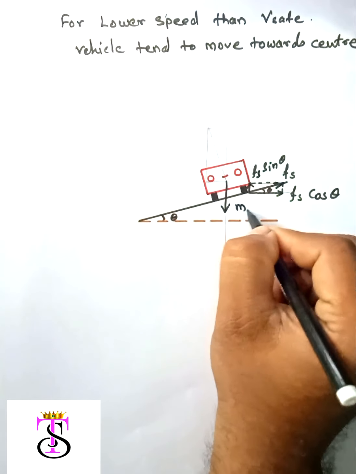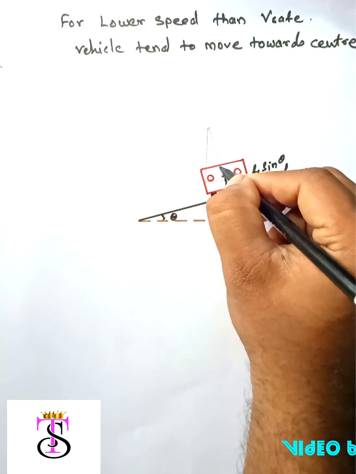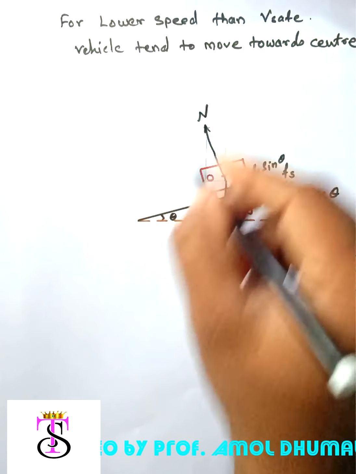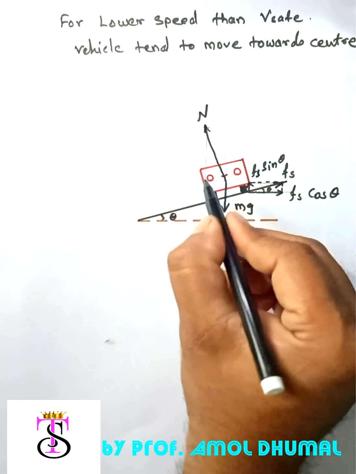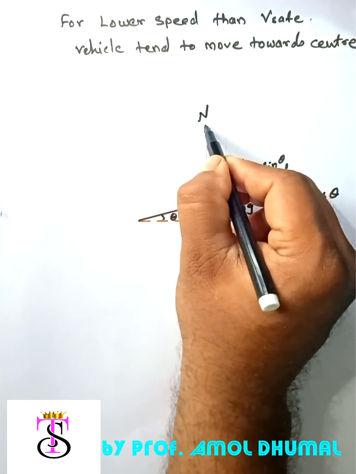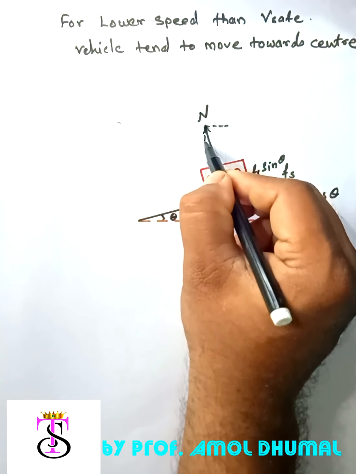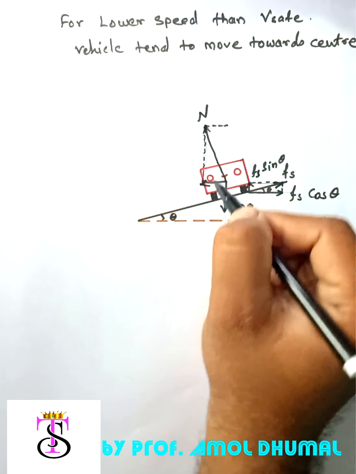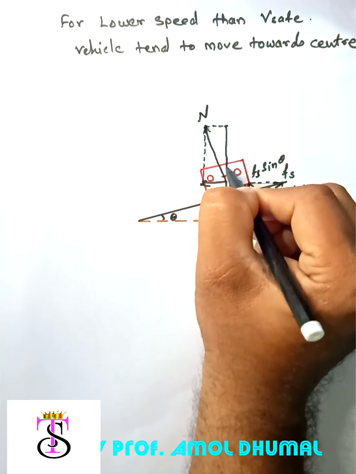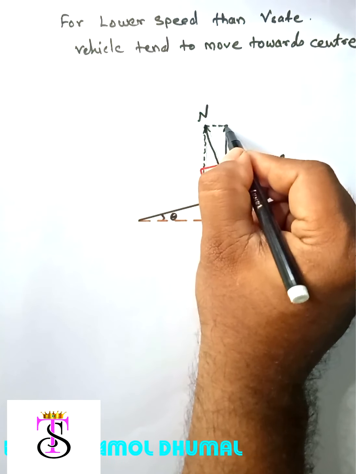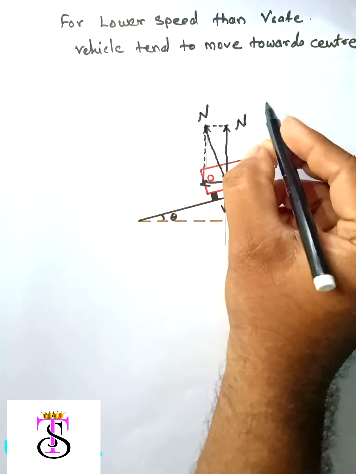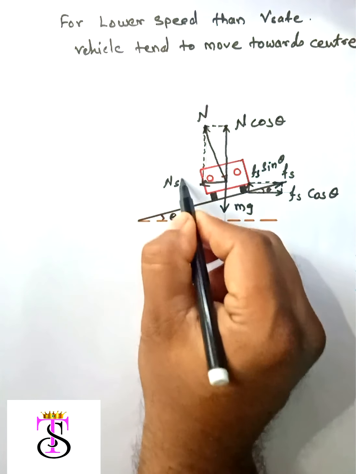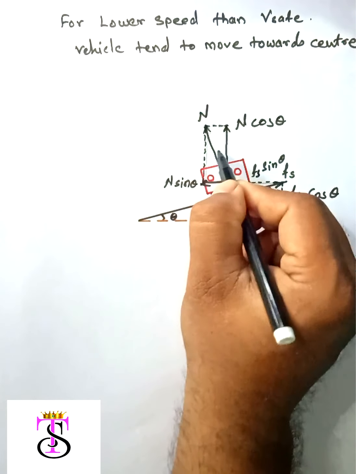Weight of the vehicle acts downward, and the normal reaction is perpendicular to the road surface, which we can resolve into horizontal and vertical components, cos theta and sin theta, with this angle theta.